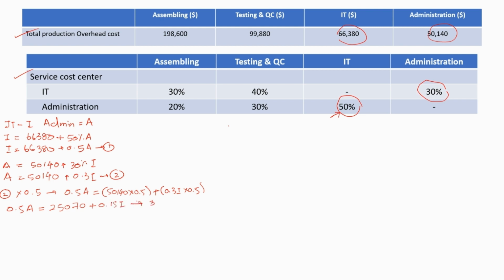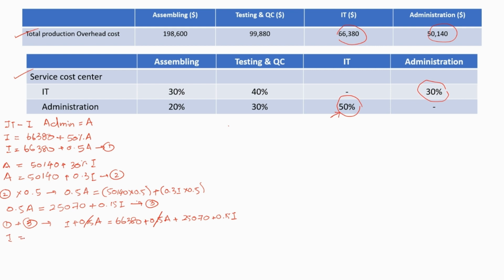This is the third equation. Now I am going to add the first equation and the third equation. As you can see, this 0.5 times A and this 0.5 times A will cancel each other out. Now we can easily find the value for I.